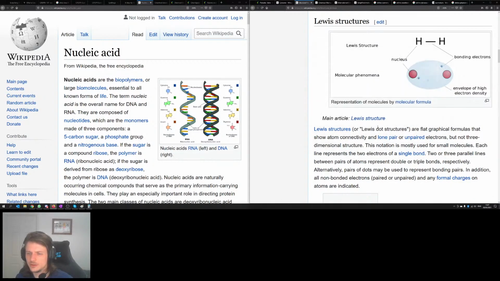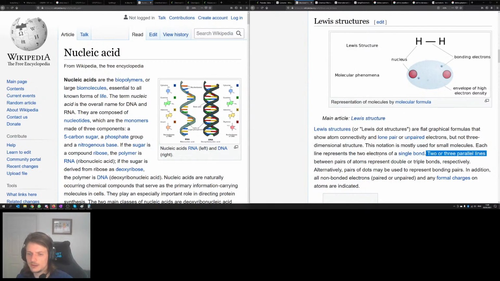Lewis structures or Lewis dot structures are flat graphical formulas that show atom connectivity and lone pair or unpaired electrons, but not three-dimensional structures. This notation is mostly used for small molecules. Each line represents the two electrons of a single bond.